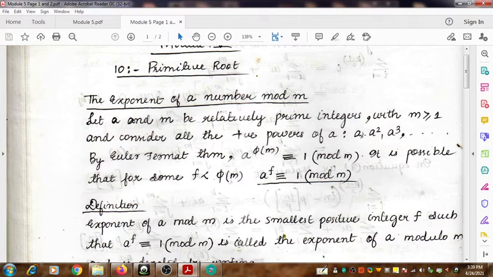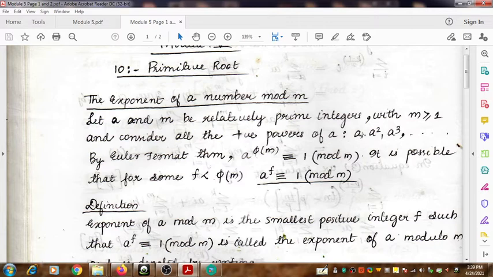Naturally you can conclude that, of course, if there are such numbers, there exists one which has the minimum value.